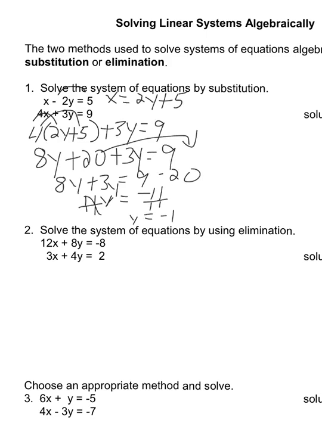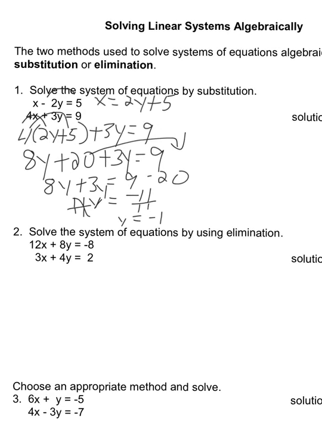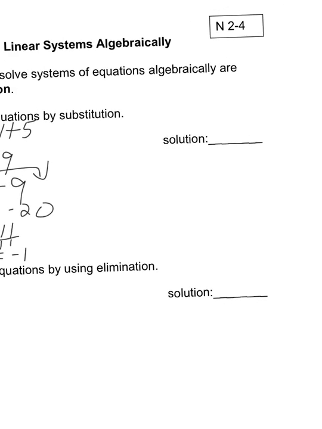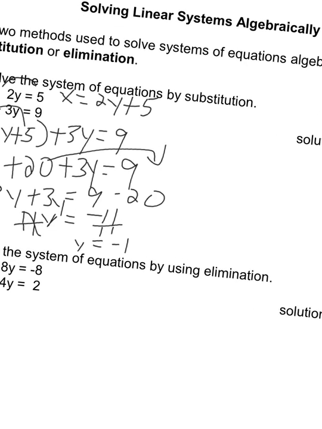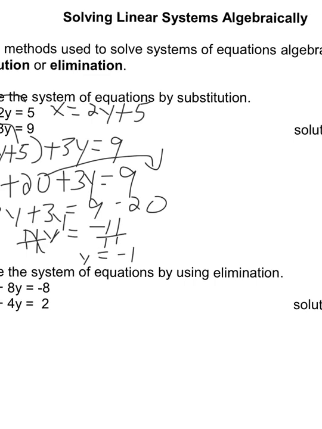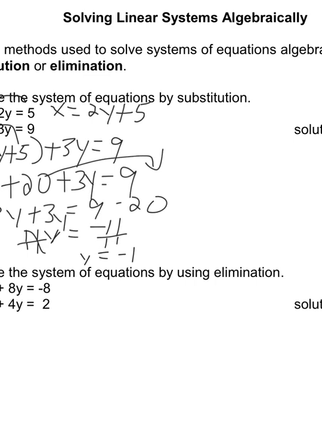So now in my solution set, I'm going to put negative 1 in for y, and I've solved half of it. Now I've got the negative 1 for y. I'm going to plug that back in for y and solve for x. As we see here, I've already put it in x equals form up here. So if I plug that in, x equals 2 times my y, which was negative 1, plus 5.